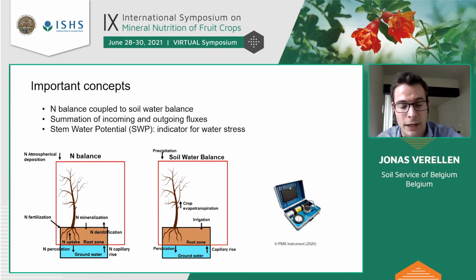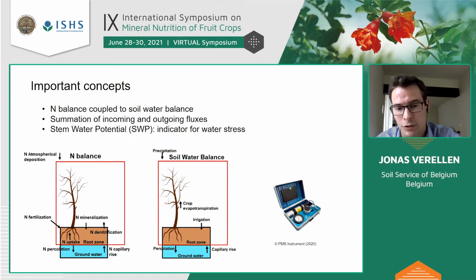Since multiple nitrogen processes are dependent on the soil moisture content in the root zone, like mineralization, denitrification, percolation, and nitrogen from capillary rise, the nitrogen balance is coupled to a soil-water balance. This soil-water balance works according to the same principle. It's also a summation of all incoming and outgoing fluxes.